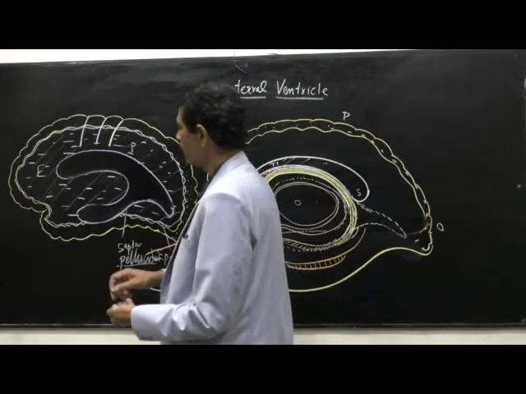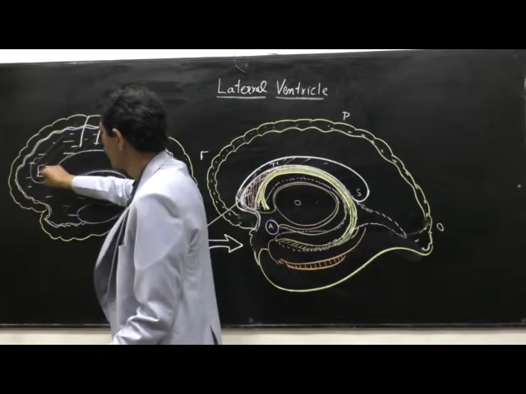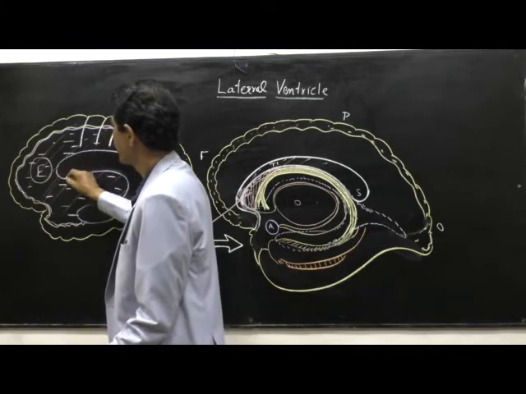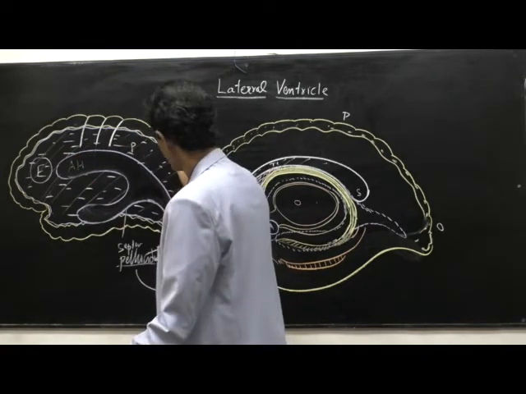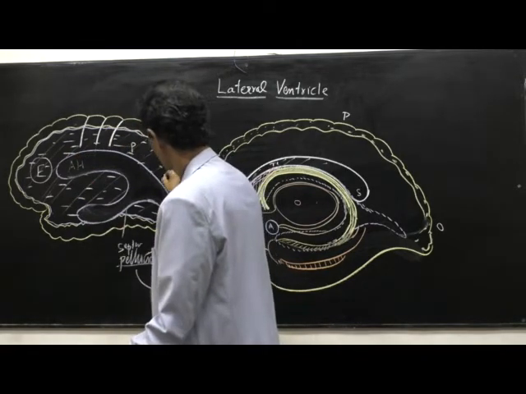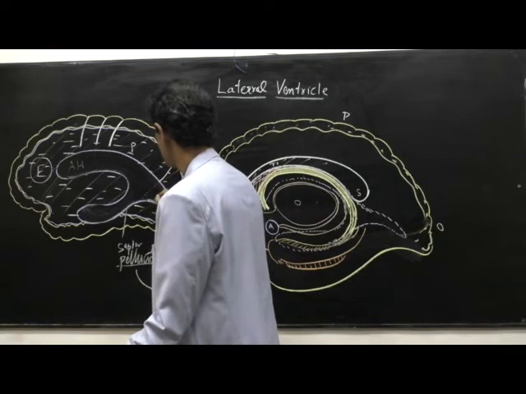So the part of the lateral ventricle which comes in the frontal lobe is called the anterior horn. The part which comes into the occipital lobe is called the posterior horn.